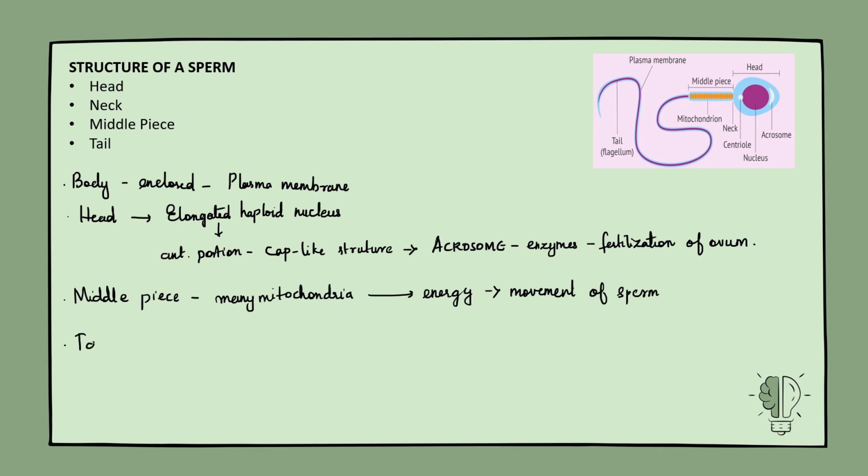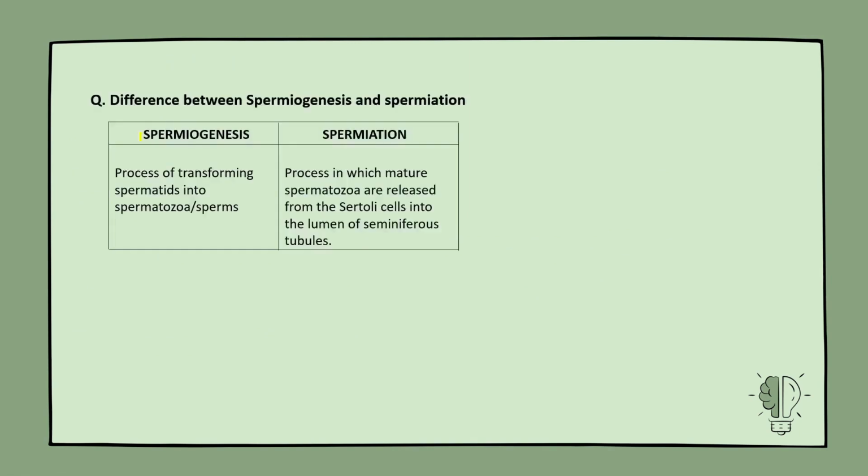And finally, the tail helps in the movement of the sperm through the female reproductive tract to fertilize the ovum.